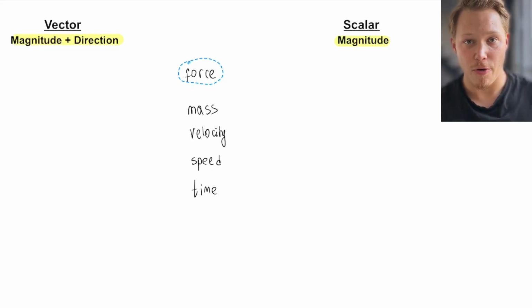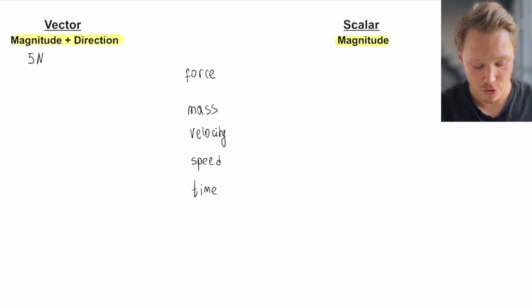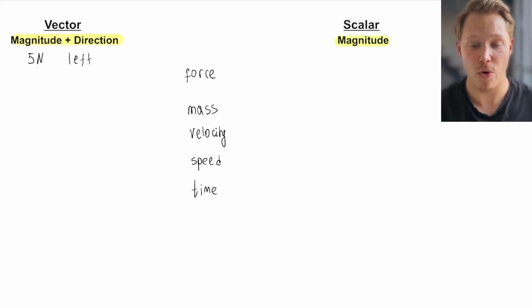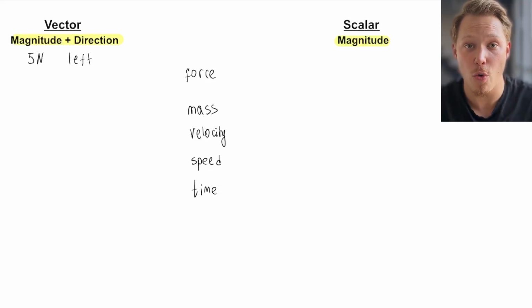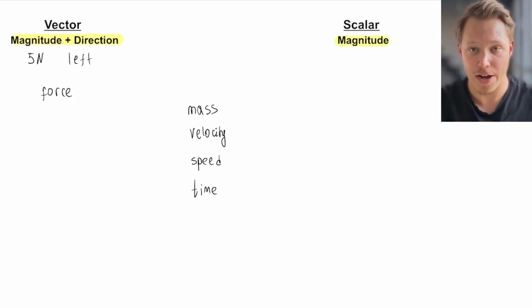When I'm talking about force and I say I'm pushing on a box with a force of 5 newtons to the left, force will always have a direction. Whenever we talk about force, the direction always matters because it matters whether I'm pushing that box to the left or to the right or up or down. So we always need to include the direction, which makes it a vector.